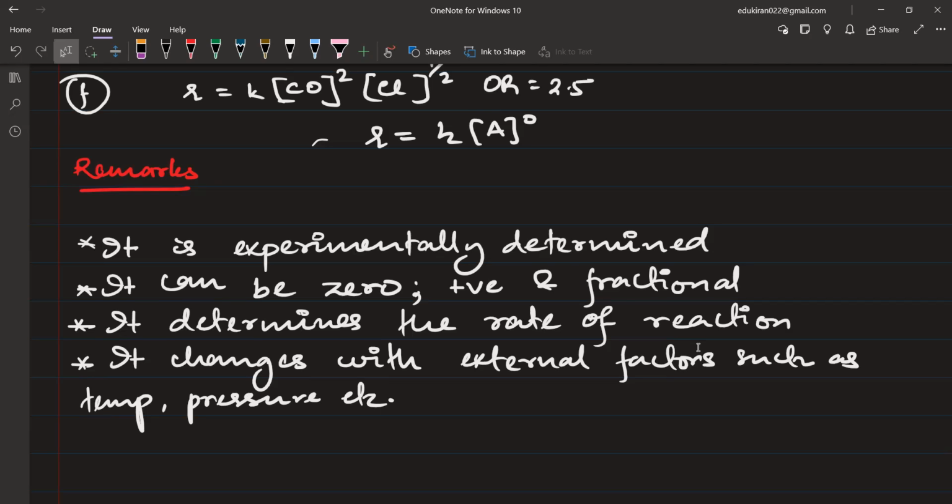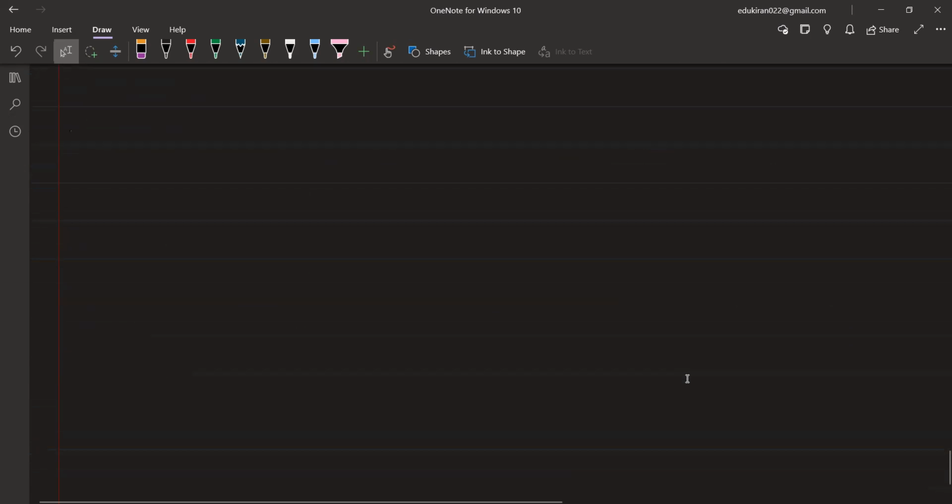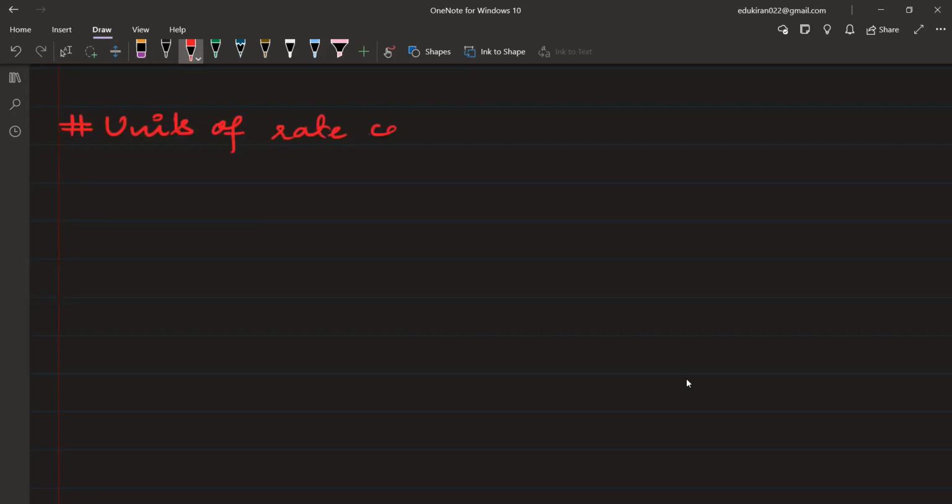Now we are going to write about this. When we have different order of reaction, the unit of the rate constant is going to be different. Please write units of rate constant for different order of reaction.